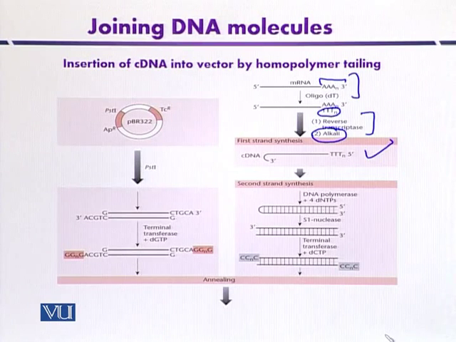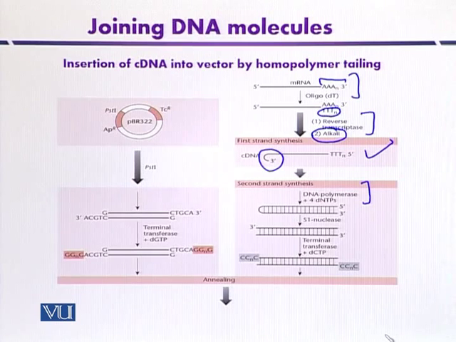Naturally the reverse transcriptase introduces a hairpin-like structure at the 3' end that can be used as a template to synthesize the second strand of the DNA, and this is mediated by DNA polymerase in the presence of all four types of dNTPs.